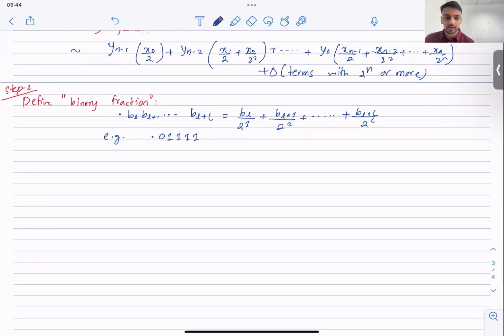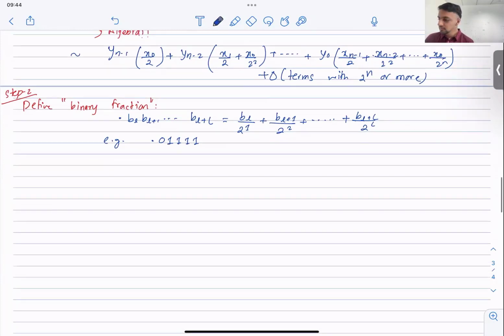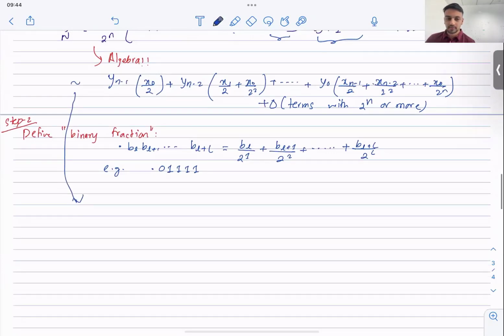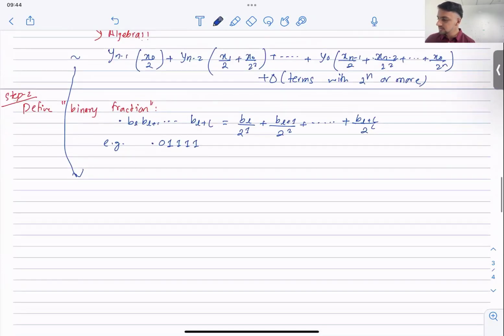Okay, so yeah, so once I define this binary fraction, then what I can do is I can continue rewriting this. So I can simply write this. After I define this binary fraction, it's very simple to write x0 over 2. So can someone tell me what x0 over 2 is in binary fraction?